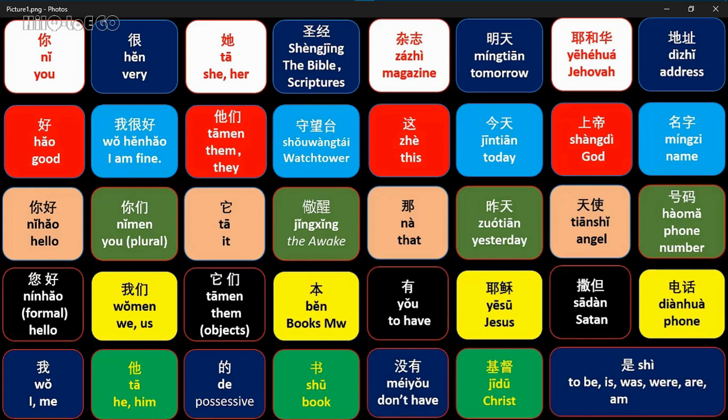What we mean by that is, if I have a pen, I say it is mine. So mine, that's a possessive term. In Chinese we use da. So again, the word for I is 我, and the possessive marker will be da.